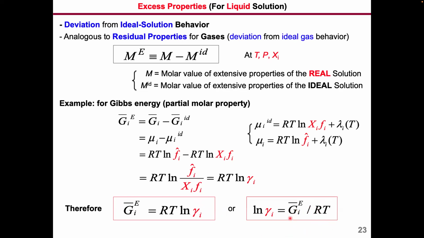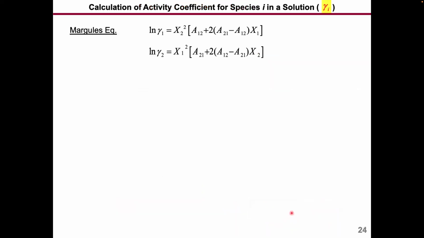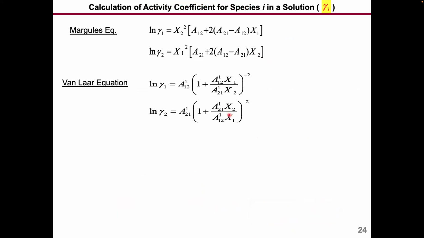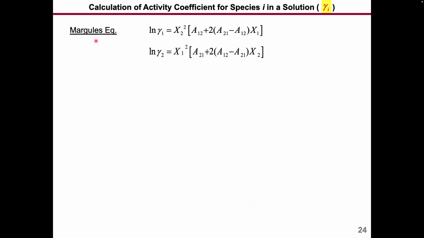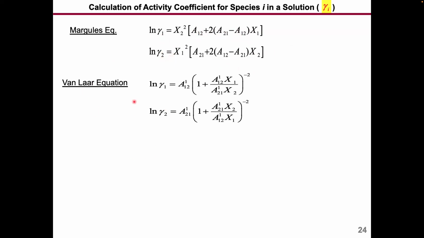So now I'm going to skip a bit of the math, but basically gamma i, you can use different types of equations to calculate. One type of equation is called the Margules equation. So natural log gamma i, as long as you know the mole fraction, and as long as you know A12 and A21, these are constants, you plug in, you calculate natural log gamma 1, natural log gamma 2, okay, for a binary mixture.